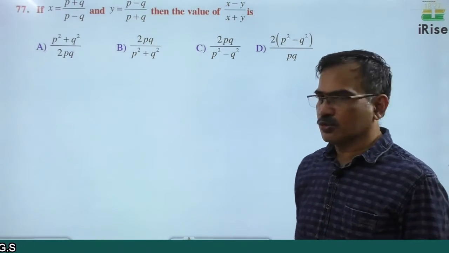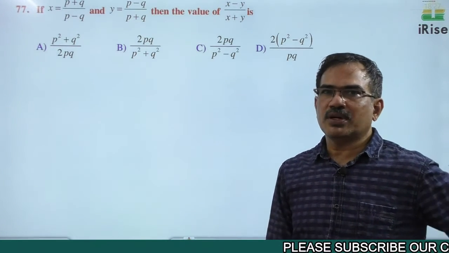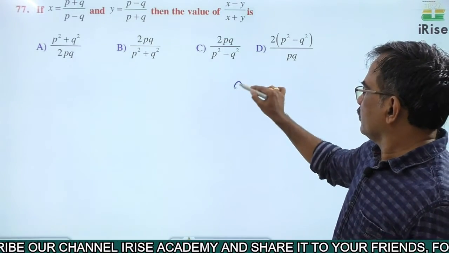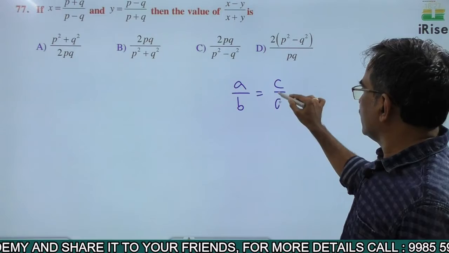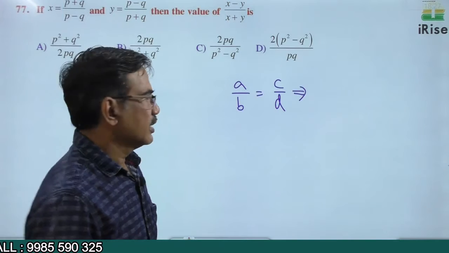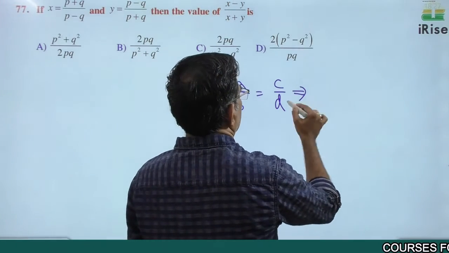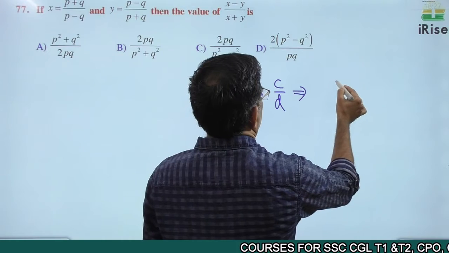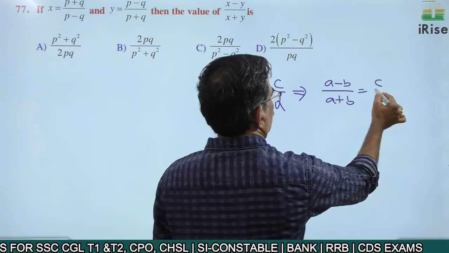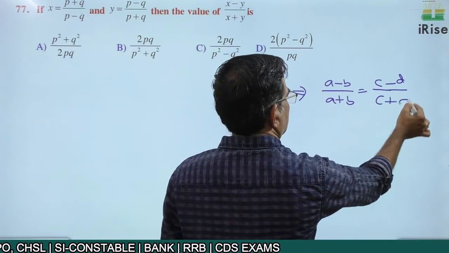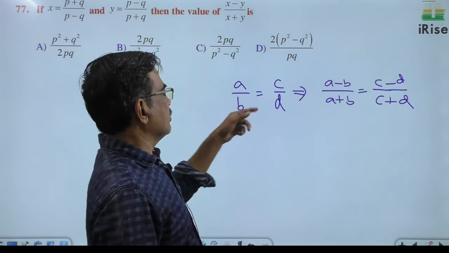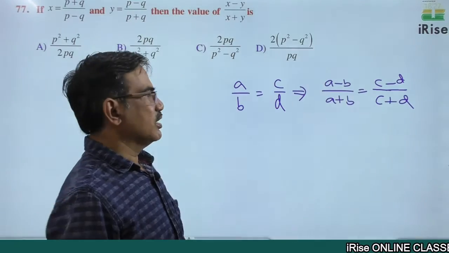Before going to solve this question, you have to know one important concept in ratios. If a by b is equal to c by d is given, then (a minus b) by (a plus b) is equal to (c minus d) by (c plus d).